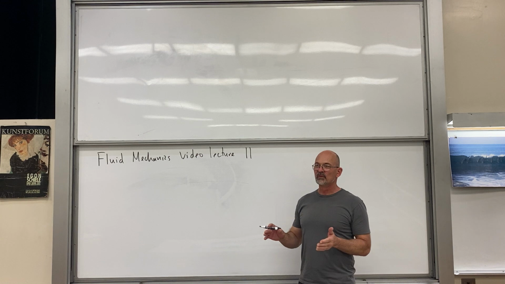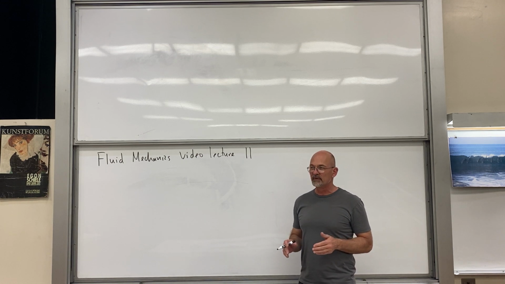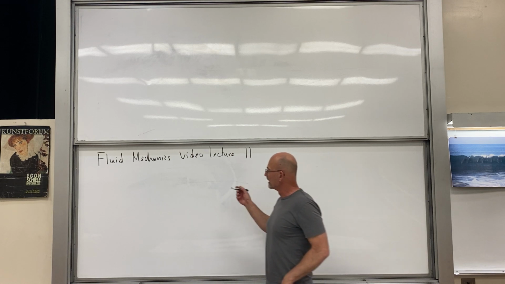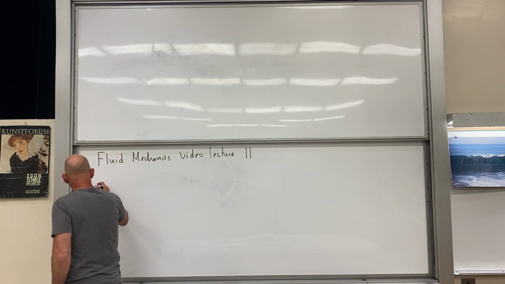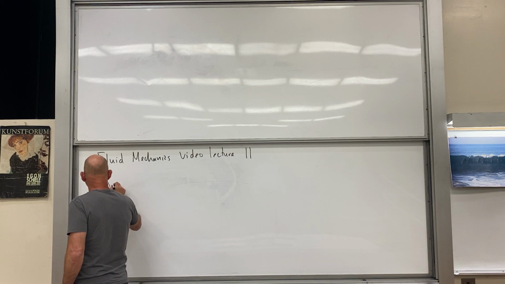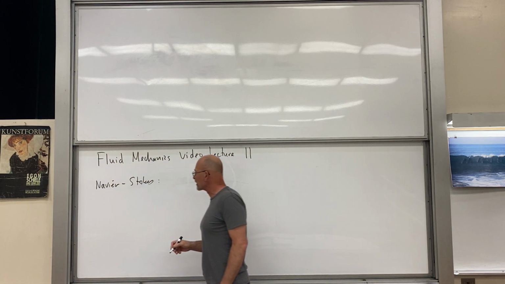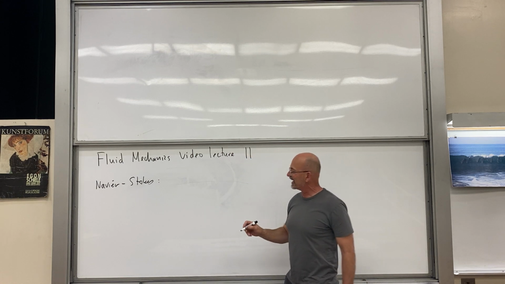And what I'm going to do is set up some other problems and discuss them kind of in generalities, as it were. So we have our Navier-Stokes equation. That is the Euler equation with the friction term added.